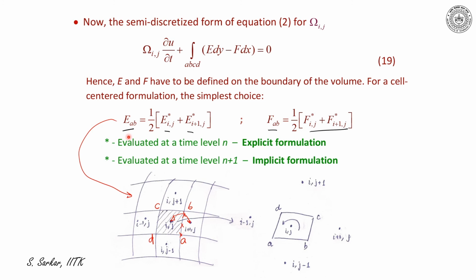And if all these quantities are evaluated at a new time level N plus 1, where the variables are not known, then we'll land on an implicit formulation. For implicit formulation, we need to invert a matrix, while for explicit formulation it is simple to evaluate.